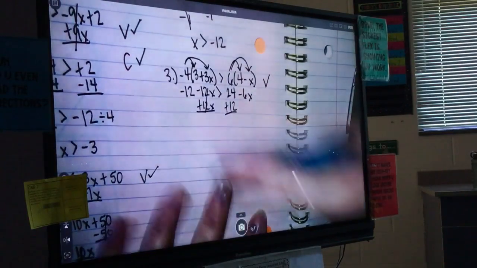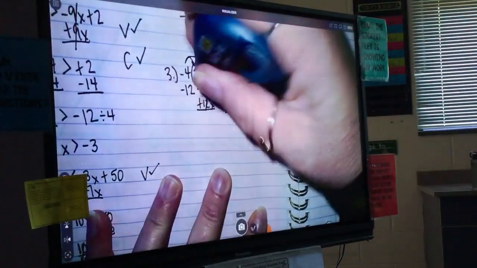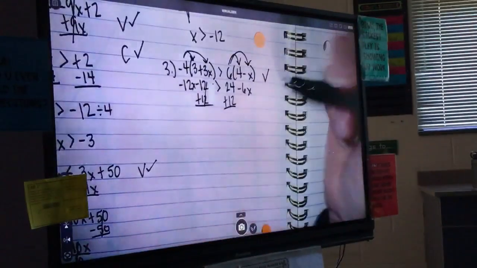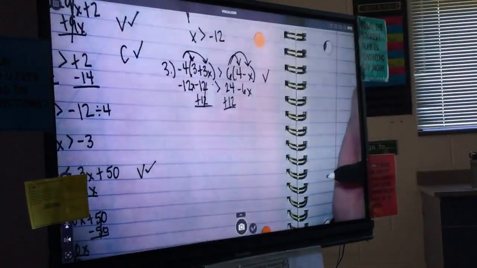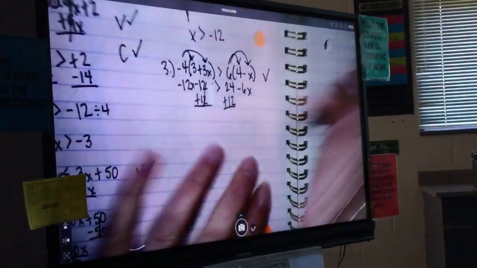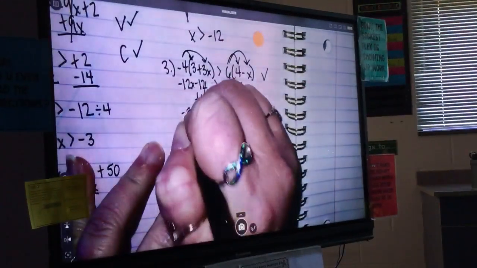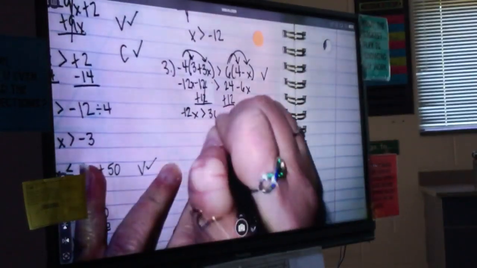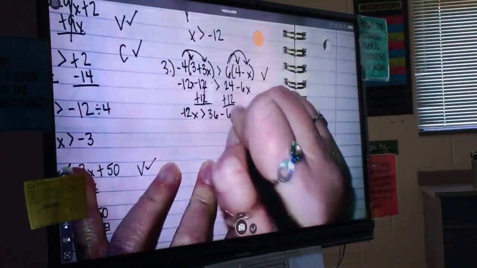So I take 12 away. I add 12 and then I add 12. So I end up with negative 12x is greater than 36 minus 6x.